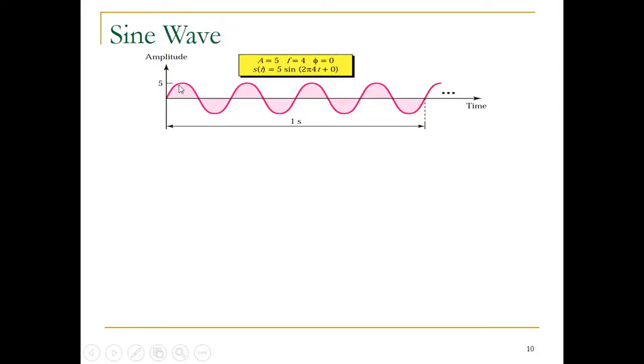So here you'd have an amplitude of say five, signal level, and it moves like if you were to sketch a sine function, it just goes in a waveform.